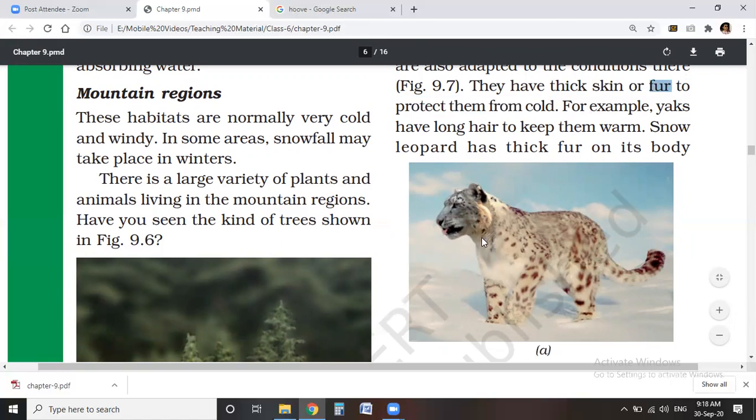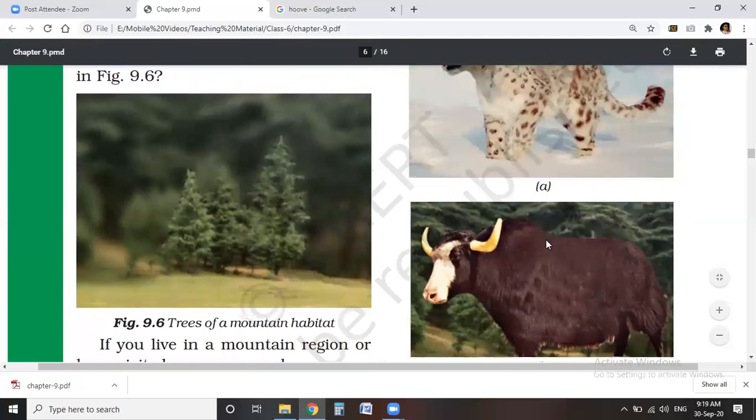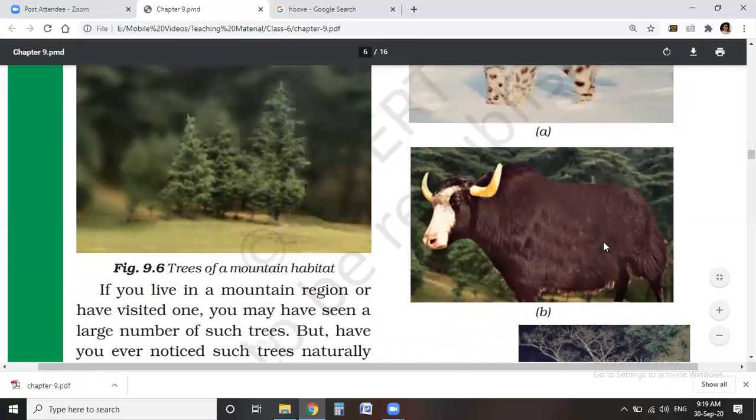For example, the snow leopard has fur on its body to protect it from the cold, and the yak has long hairs on its body to protect it from the cold.